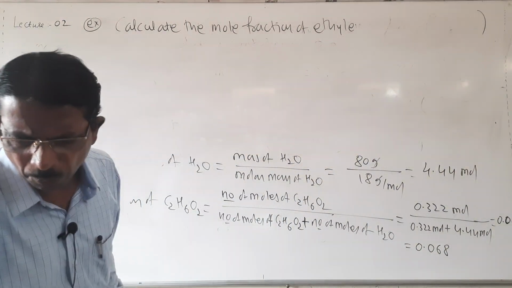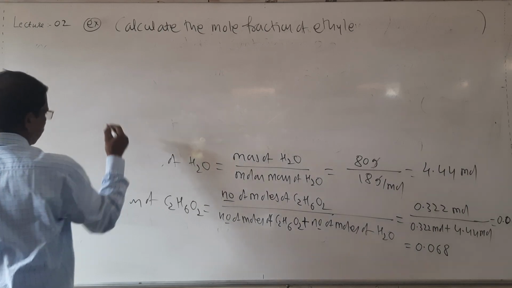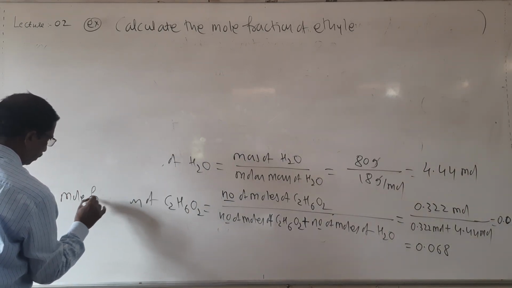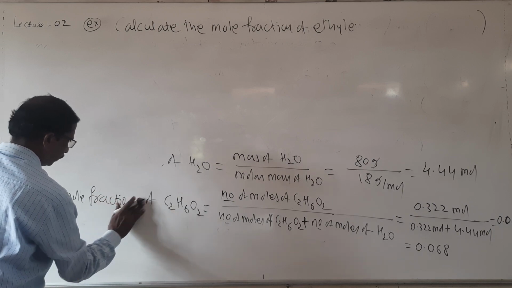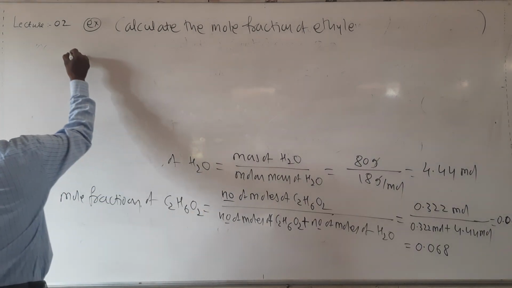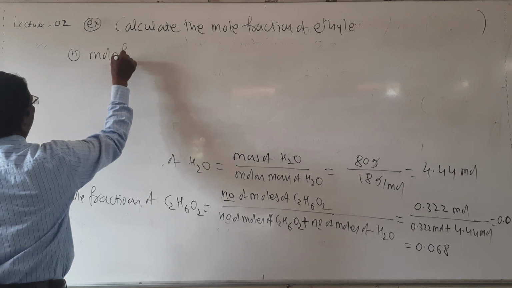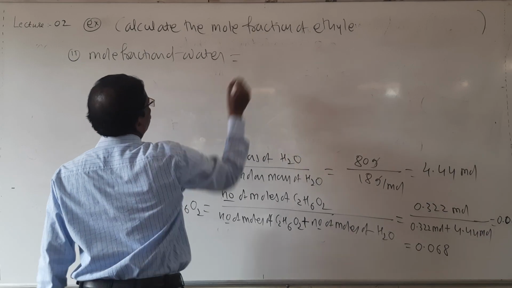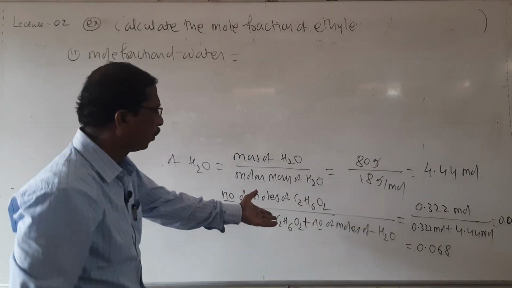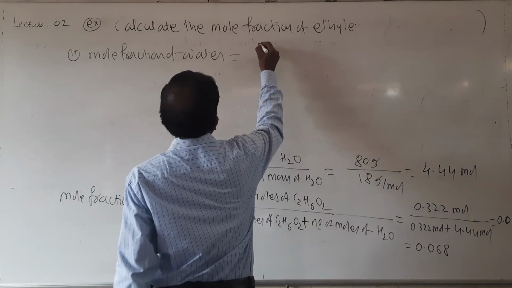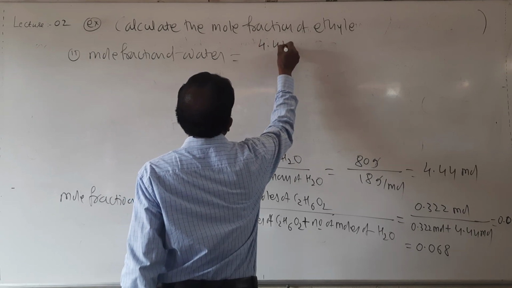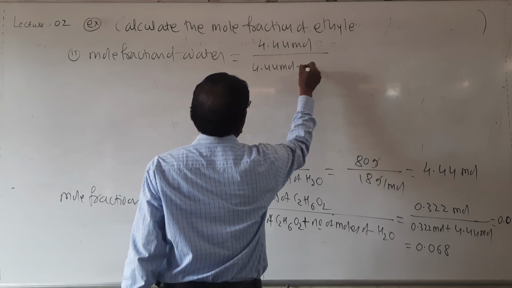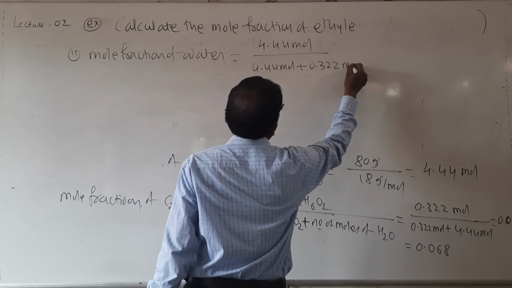Look here, the mole fraction of the other component. Second, mole fraction of water is equal to number of moles of water divided by total moles, so it is 4.44 mole divided by 4.44 mole plus 0.322 mole.